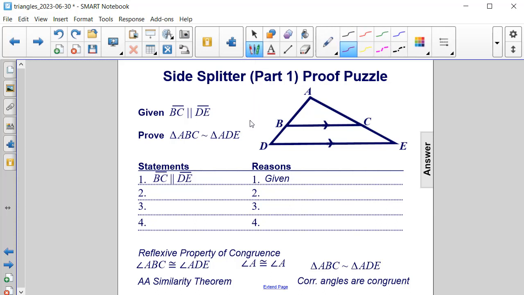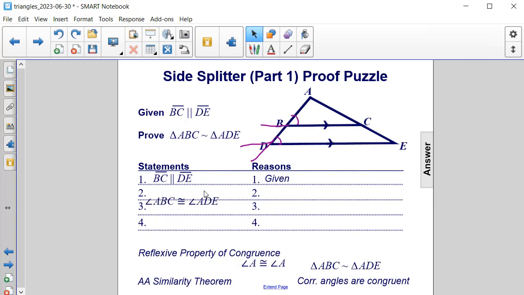They could be corresponding, they could be alternate interior, and they could be alternate exterior. So we have, for example, angle ABC, and it would be congruent to angle ADE because they are corresponding angles. They are in the same corresponding position in that upper right-hand section of the parallel lines and transversals. So therefore, these two angles are congruent.